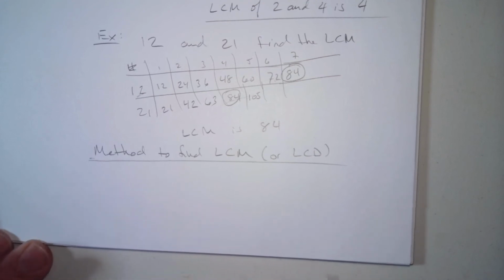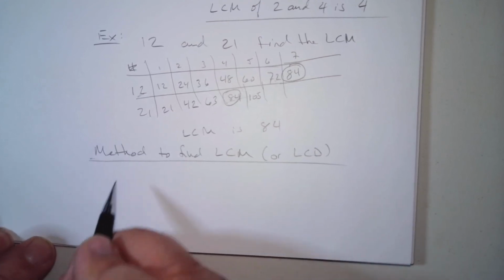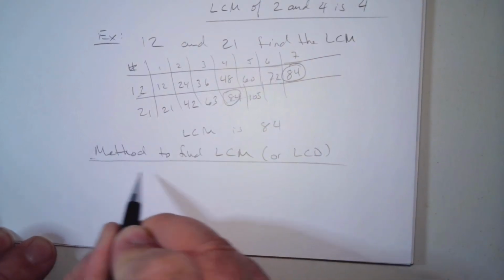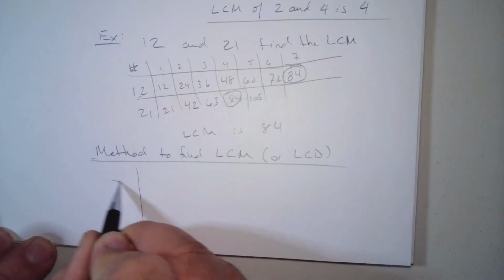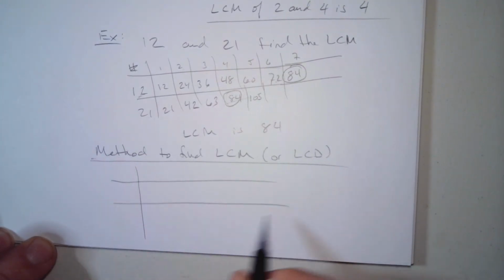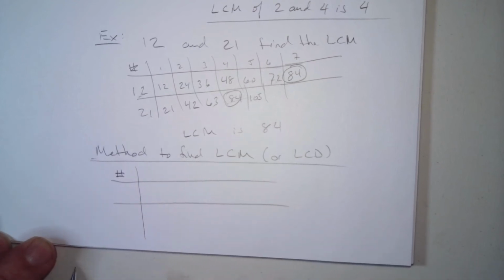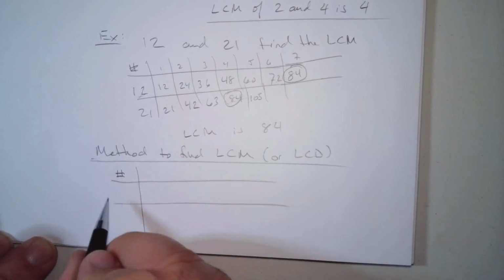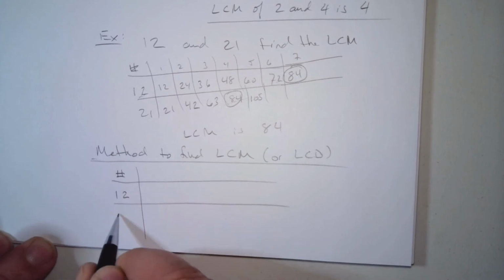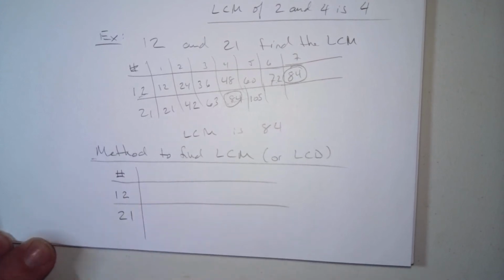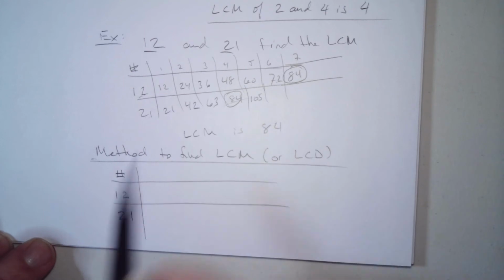This is a table that I thought about many years ago. So first off, we use a little table. Here we have our numbers 12 and 21. These are our two numbers in question.